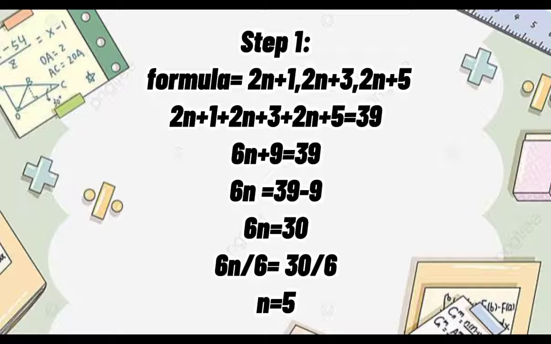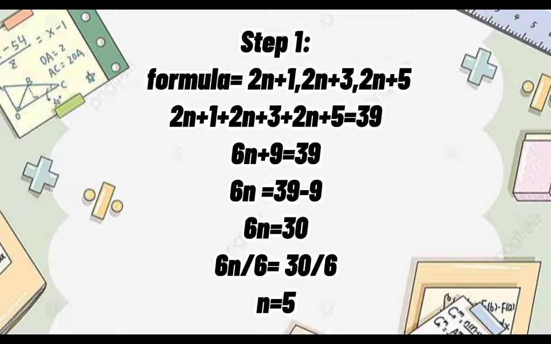After that, simply add the like terms. 2n plus 2n plus 2n is equal to 6n, and the constant numbers, which are 1 plus 3 plus 5, equal 9.